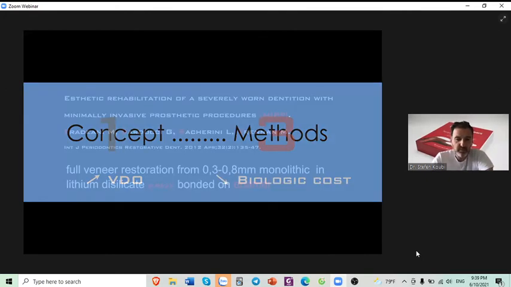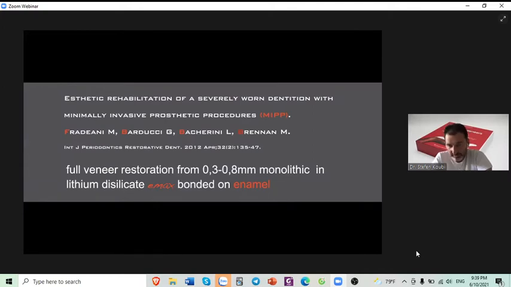So when you look now at the methodology, you have different types, but all agree on the main fact that we raise the vertical dimension in order to preserve more tooth structure.